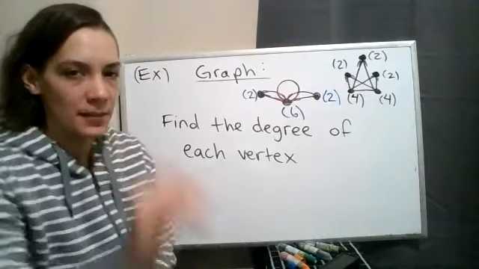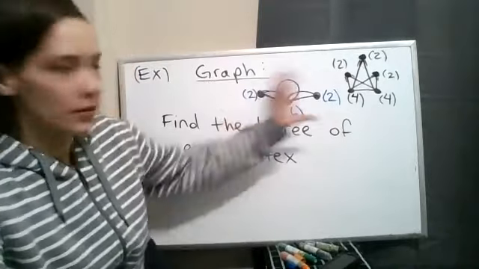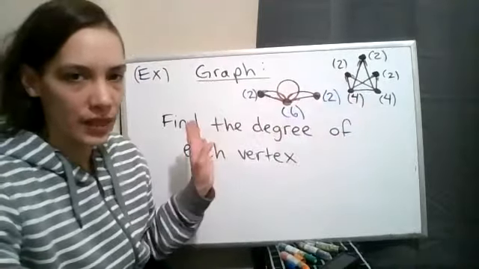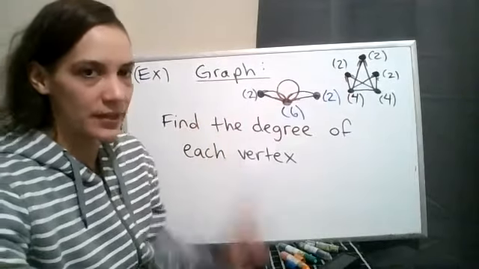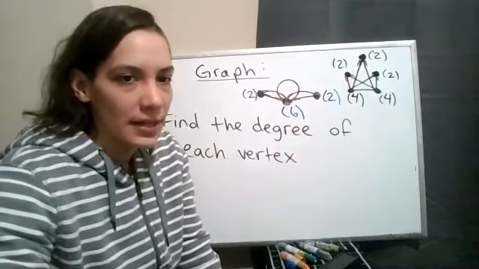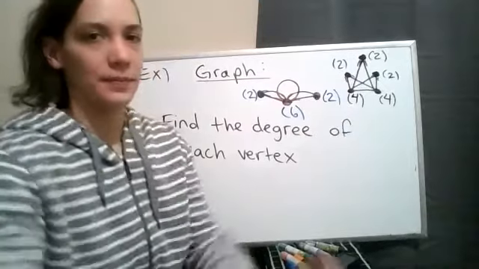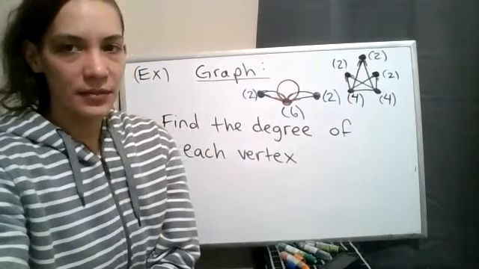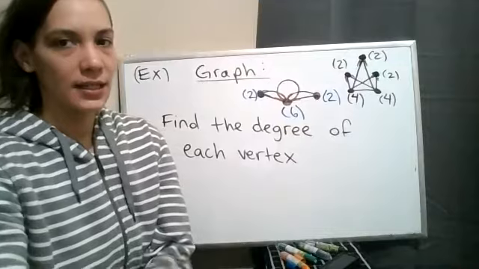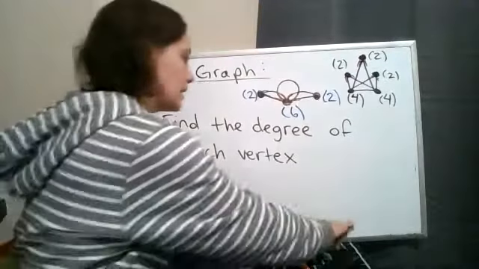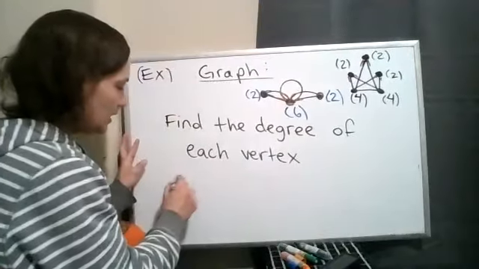So I think I mentioned something about finding the total number of degrees, but I'm pretty sure that's only for connected graphs. So I'm going to skim through the notes, but let's just focus on degrees, connected and disconnected.